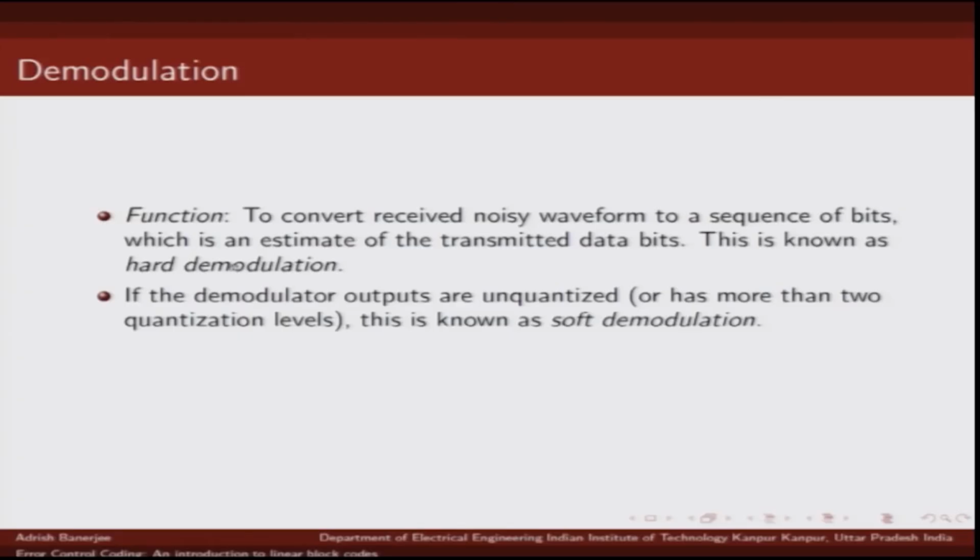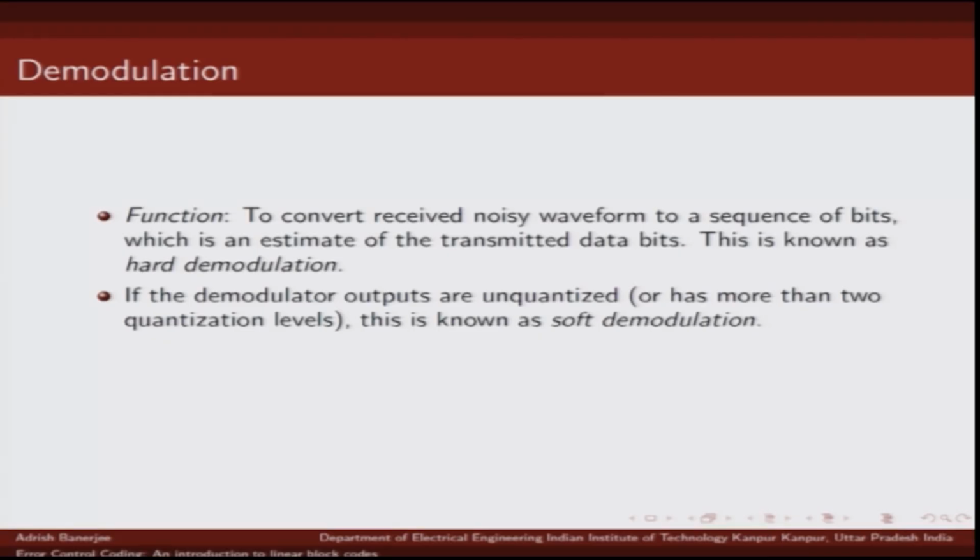If you were doing hard demodulation, because the decision threshold will be 0, you would demodulate it to be a 0 bit transmitted. But 0.01 could very well have been -0.01 if the noise had been a little different. So, it is very close to 0.